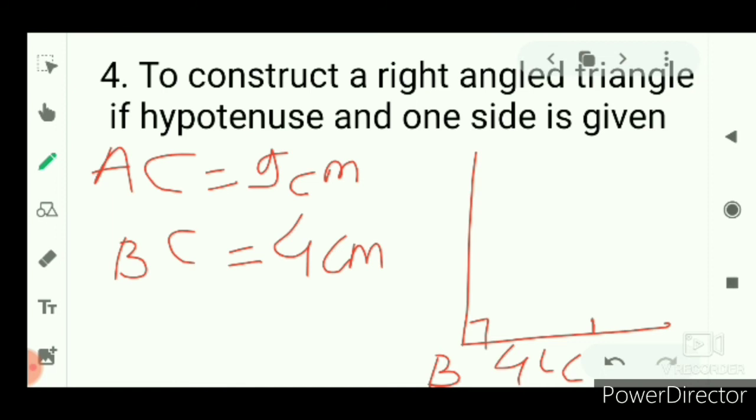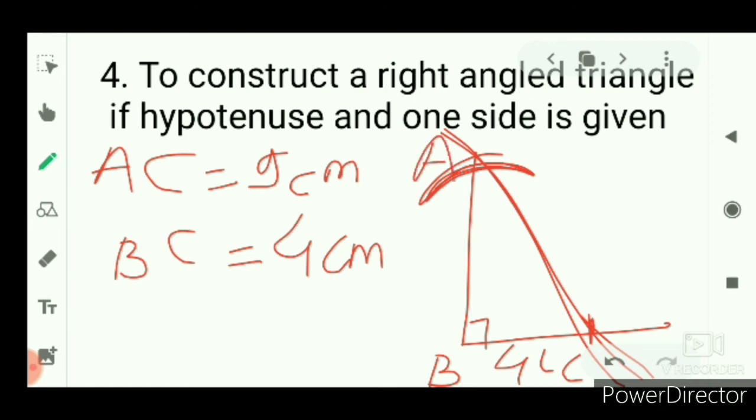So we will take a distance of 9 centimeter in the compass and make one arc from the point C on this arm. Okay, and then we will join these 2 points. Okay, so this is the required triangle ABC.